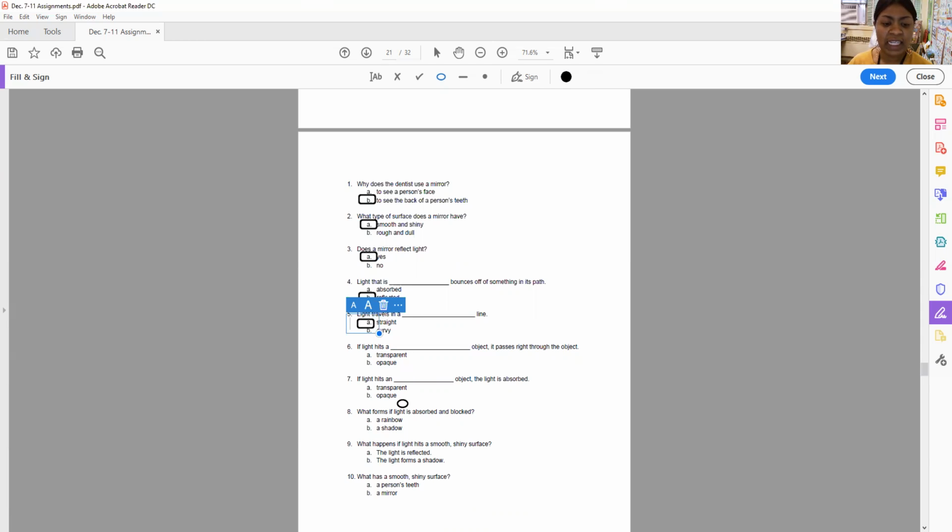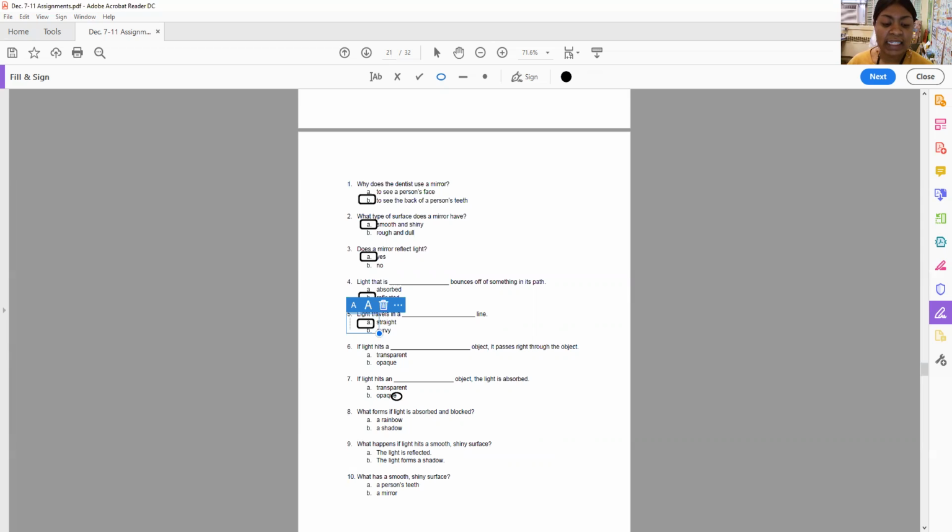Okay, number six, if light hits a blank object, it passes right through the object. So let's think about transparent, translucent, opaque. If it's transparent, we can see right through it. Translucent, some of the light can shine through, and opaque, no light at all. So what is the correct word for number six?